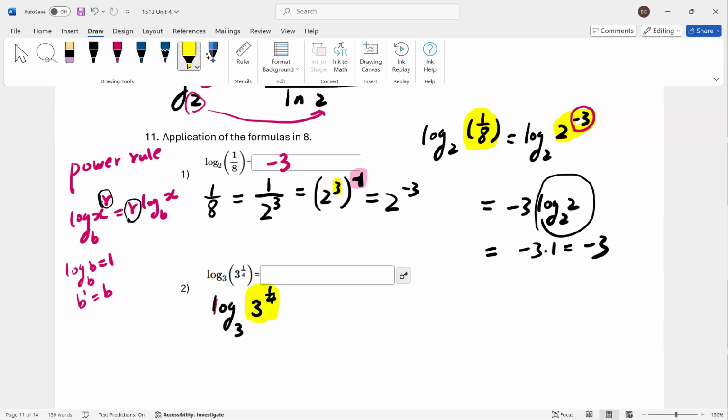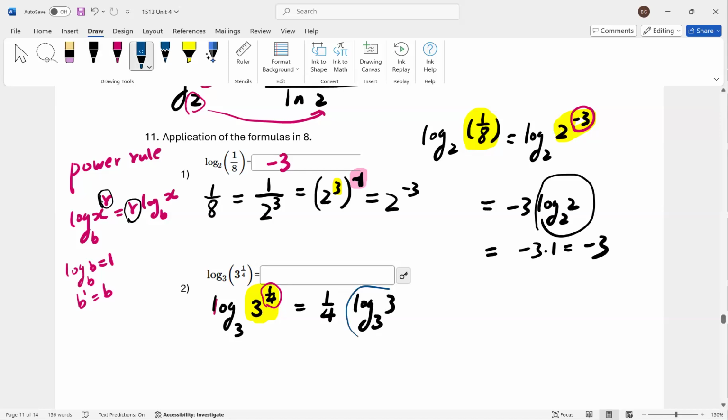The argument has the structure of an exponential expression. When you see an argument whose structure is an exponential expression, you should think about the power rule. Power rule says the exponent in the argument can be taken out and put in front of the log, right?